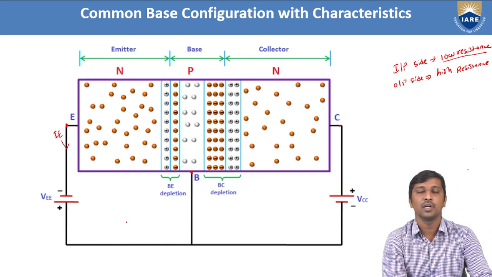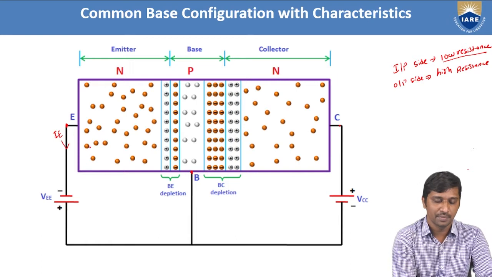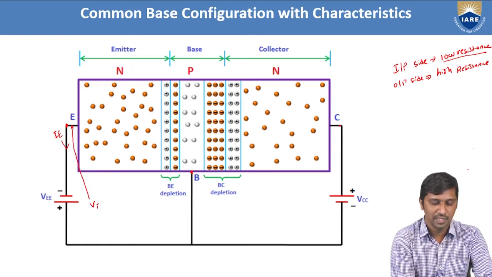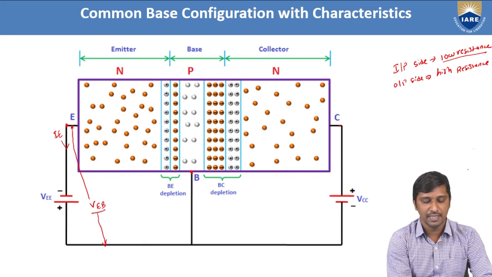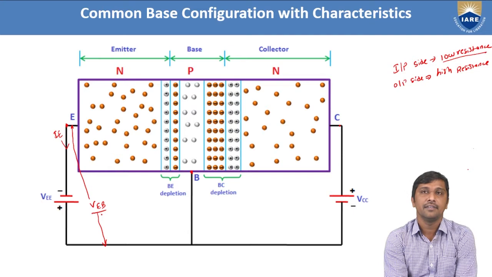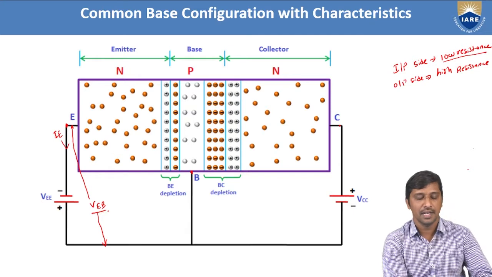Similarly, we need to observe the voltage across the emitter with respect to the base. It is represented as VEB. This VEB indicates the potential difference between the emitter and the base when this particular junction is biased.